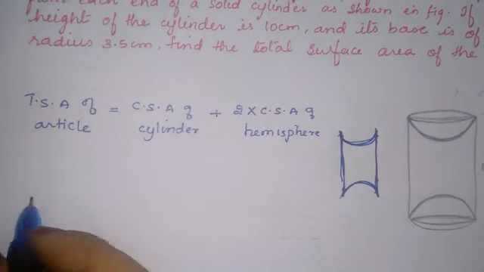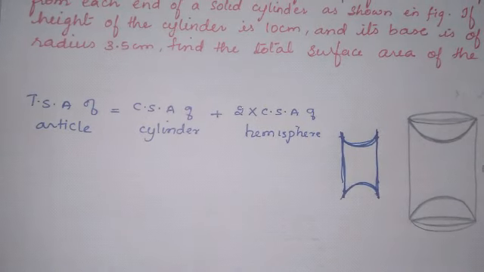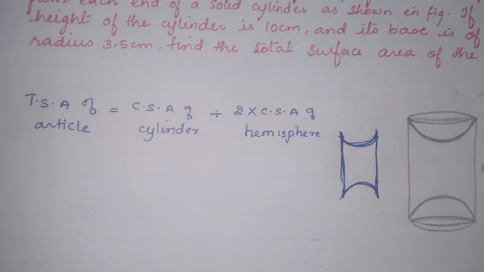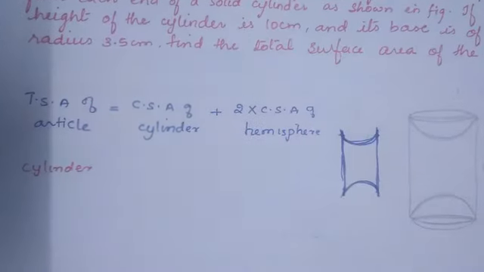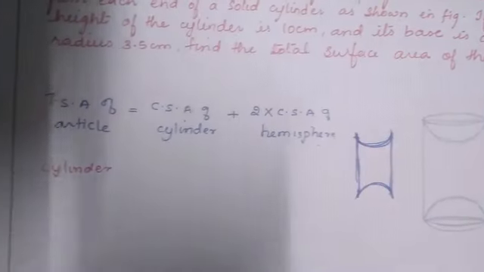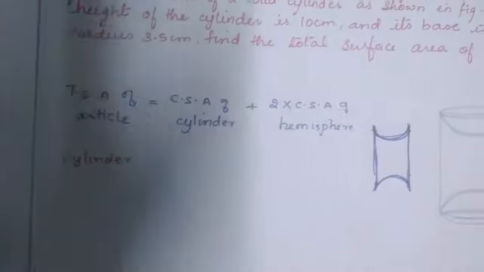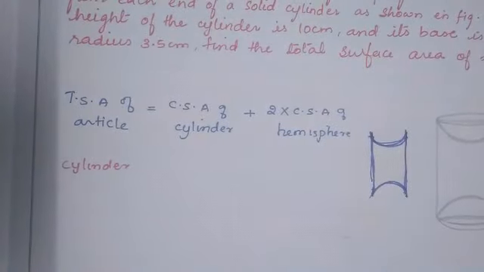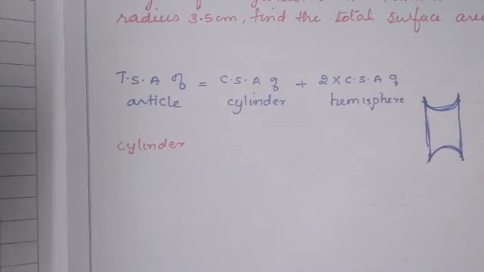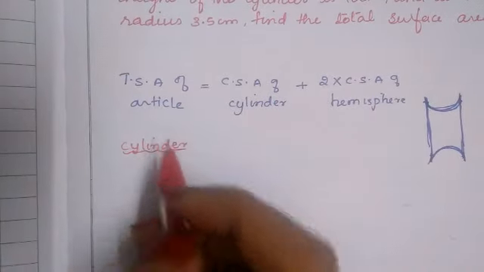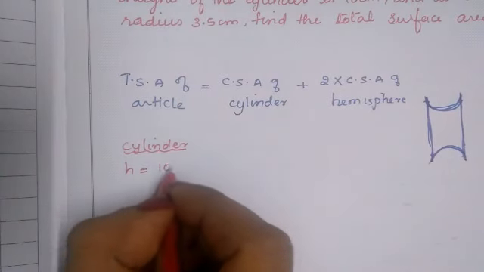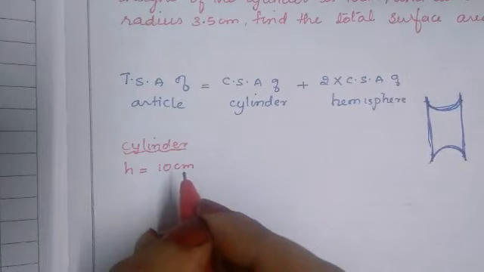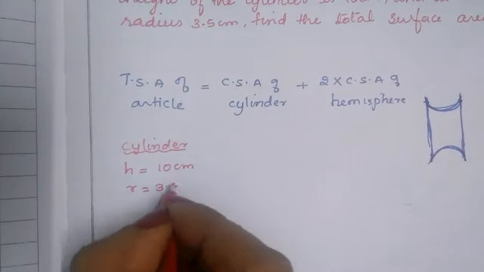Now, what have they given for the cylinder and the hemisphere? Regarding the cylinder, they have given the height of the cylinder as 10 centimeter and its base radius as 3.5 centimeter.